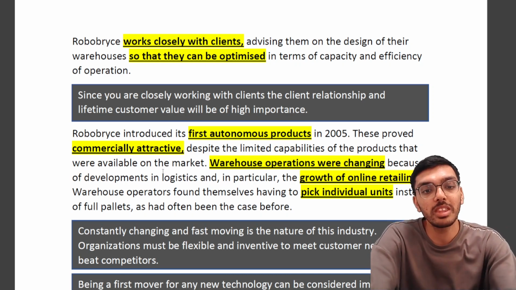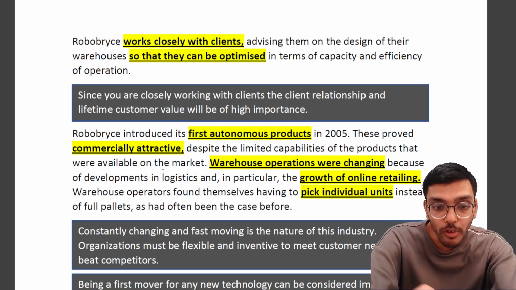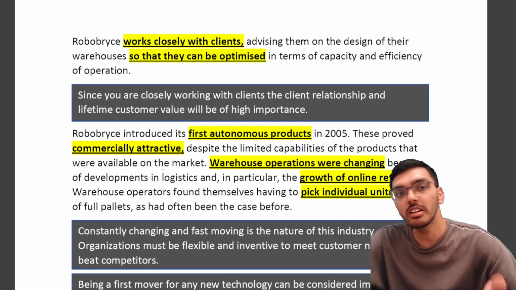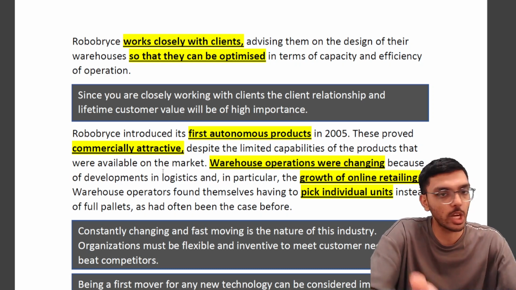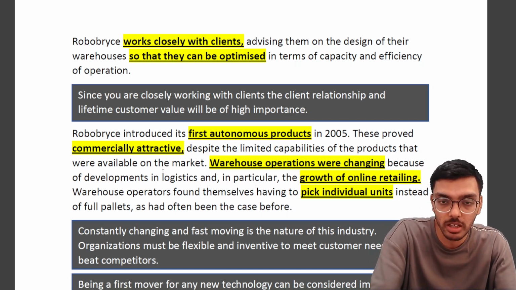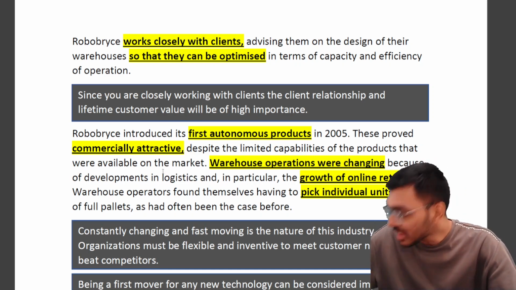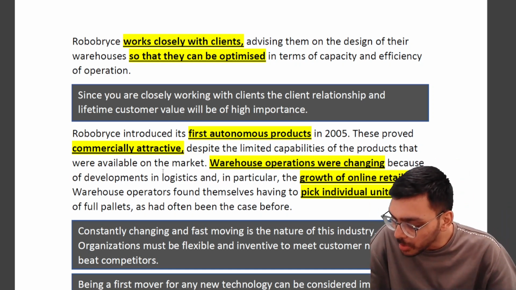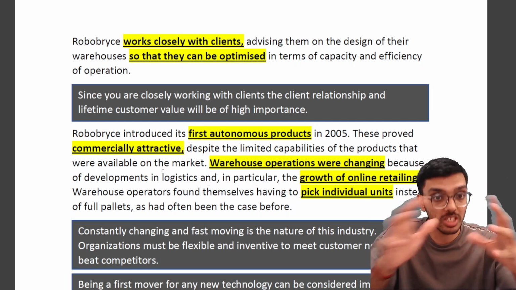Once you are working with them closely, once you have a very close-knit system, then for them also changing their warehouse management, warehouse picking equipment manager will be difficult, because their warehouse will be made in such a way that your products can be optimally used in that situation.